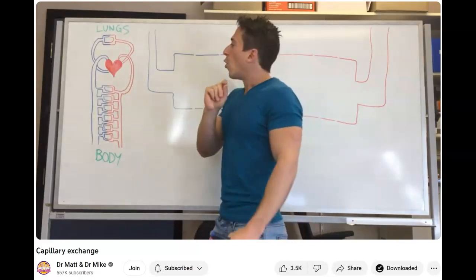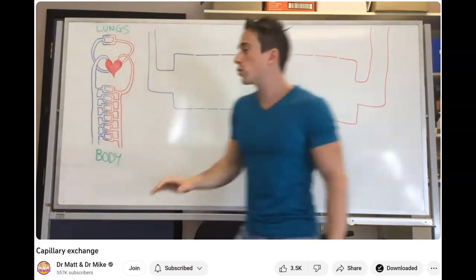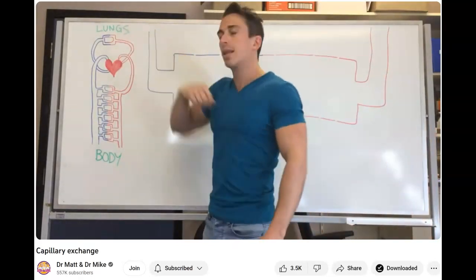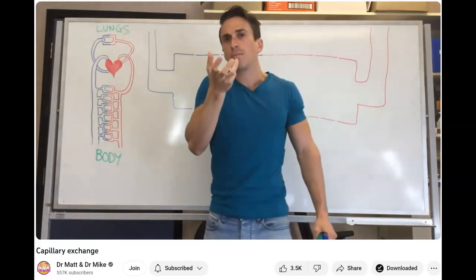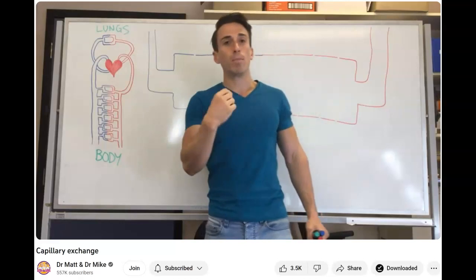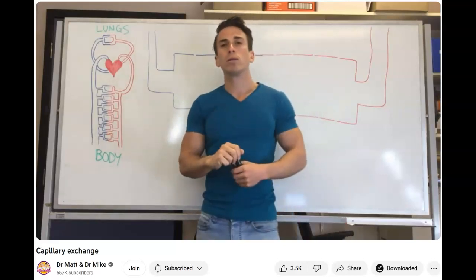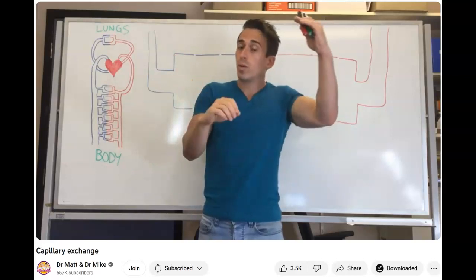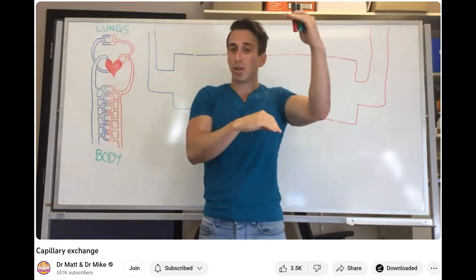Now, why am I bringing this up when we're talking about capillary exchange? Because when the blood's pushed out of the left-hand side of the heart, it's under a particular amount of pressure. Okay, and in one of the previous videos I spoke about blood pressure, and I told you that a normal blood pressure is 120 over 80. 120 is the systolic value.